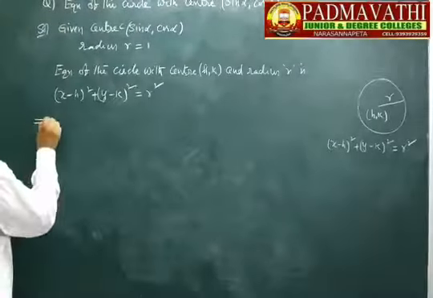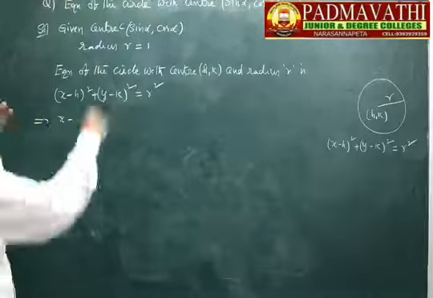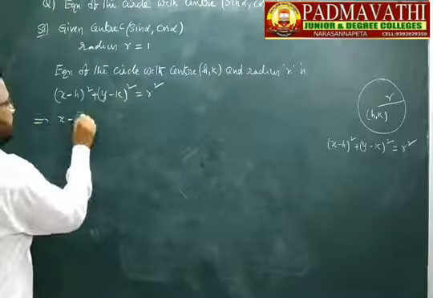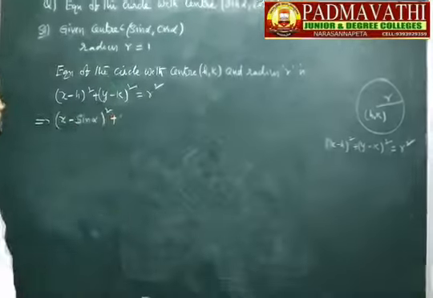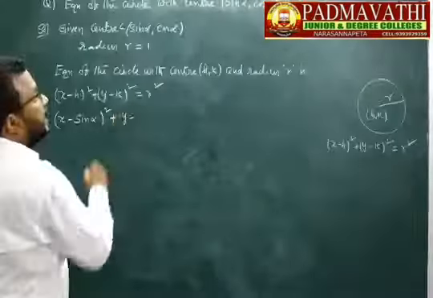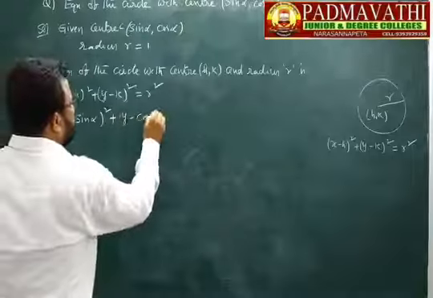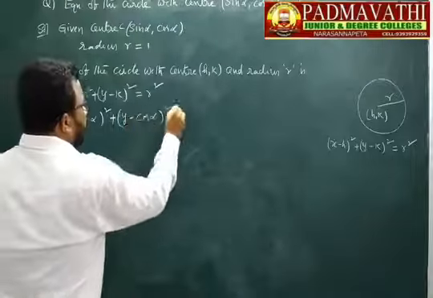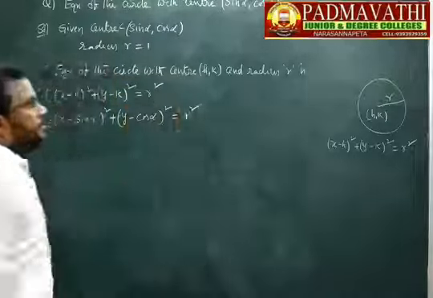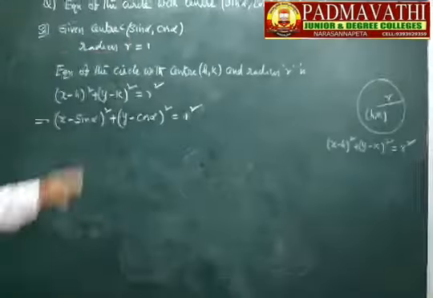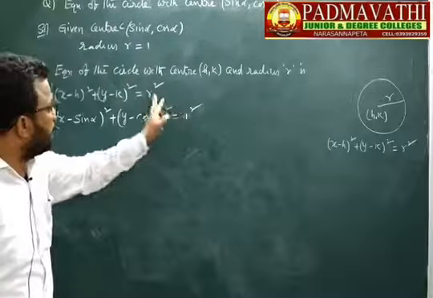that implies x minus sin alpha whole square plus y minus cos alpha whole square is equal to r square. Given that r is 1, substitute r as 1 square.